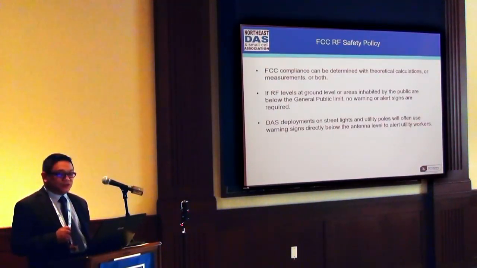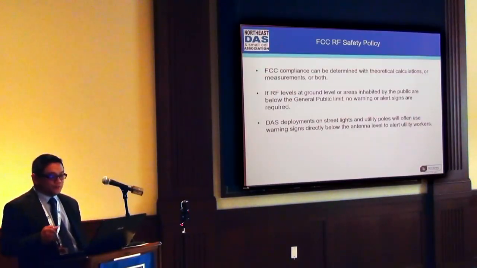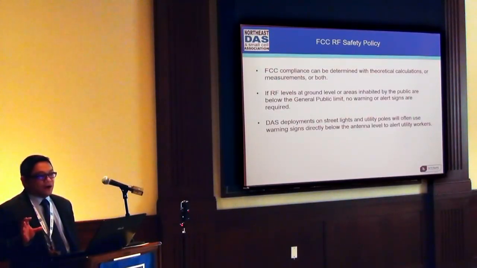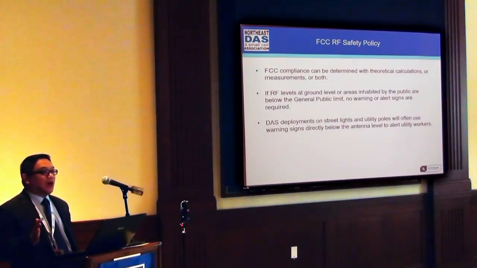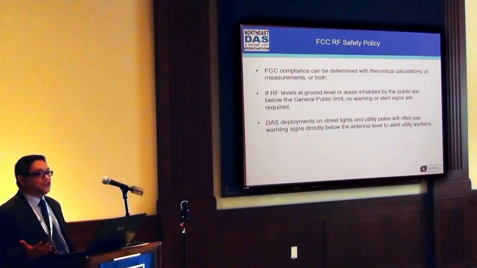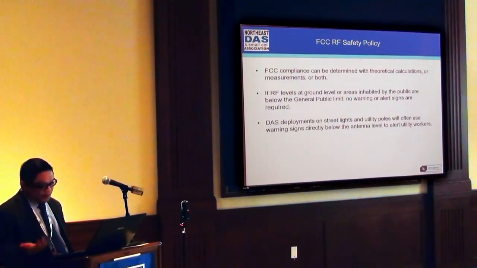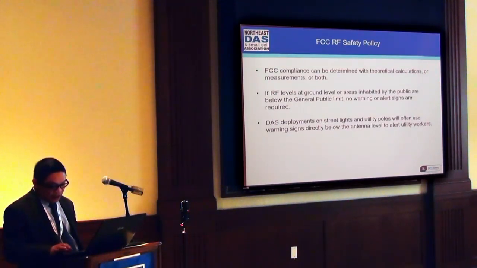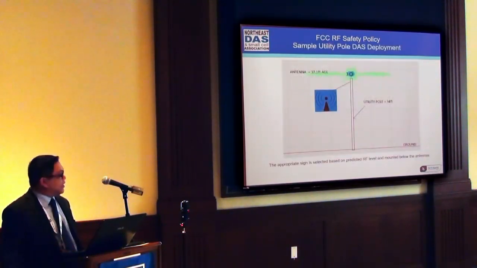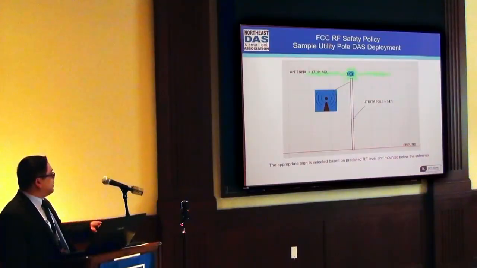Now, if the RF levels on the ground areas exceed the FCC exposure limits, there are a lot of things that can be done. One is to increase the height, or the other is to lower power. All of these can be looked at and analyzed. Here's an example of a situation where you would need to put signs on a pole.